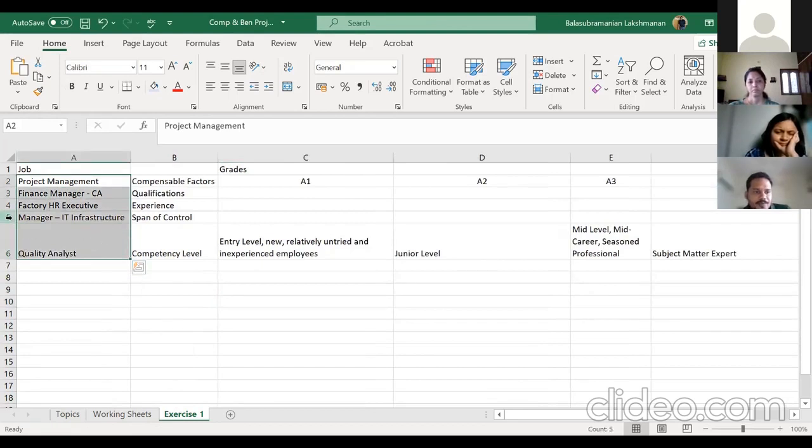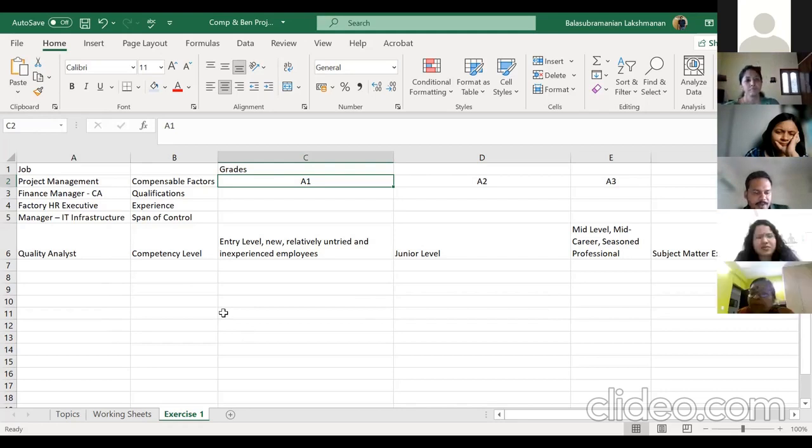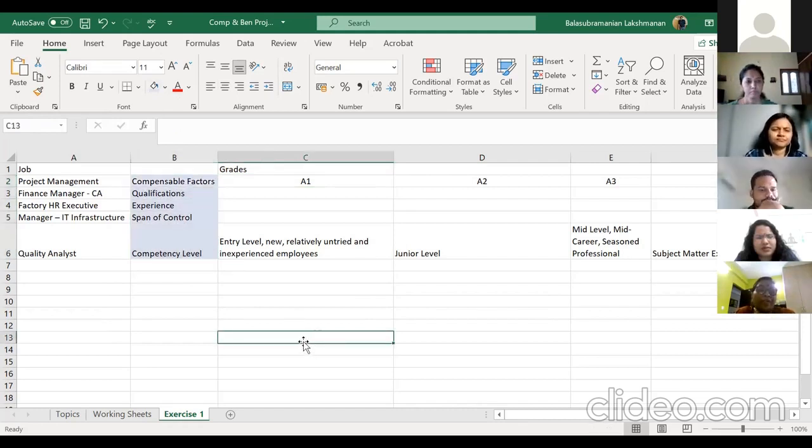So can we grade ourselves also to make it apparent? Step 1. Where is your step 1? Your compensable factor. So step 1 is compensable factors: qualification, experience, span of control, competency level.